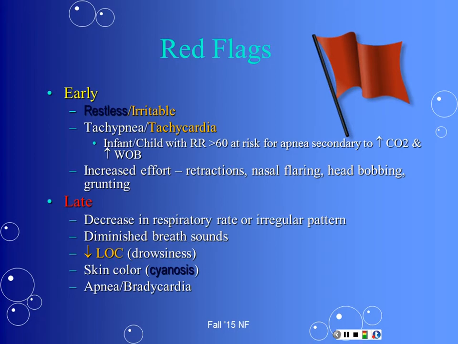Remember, if your infant or child has a respiratory rate of greater than 60, they're at risk for apnea, secondary to having that increased work of breathing and that buildup of carbon dioxide. We do not feed children orally if they have a respiratory rate of greater than 60, because that makes them also at risk for aspiration, because they're already trying so hard to breathe.